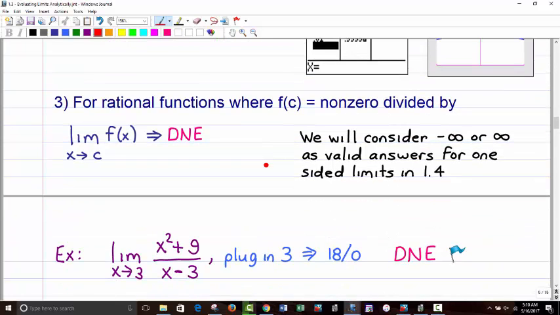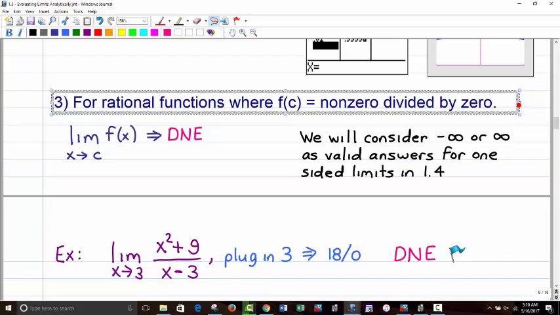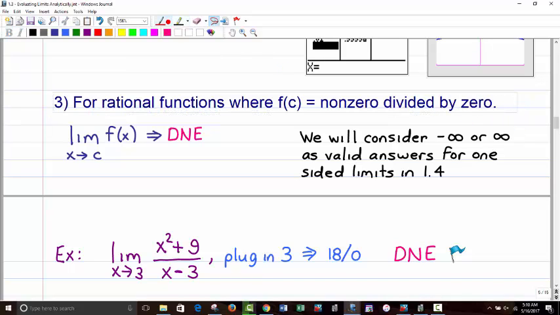Now, if you plug your c in there and you get some number that's non-zero divided by 0, you're going to get limit does not exist.